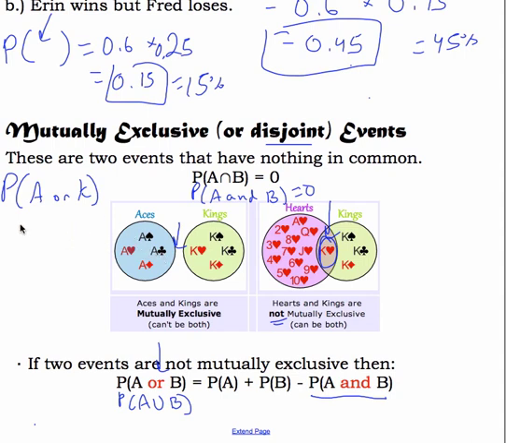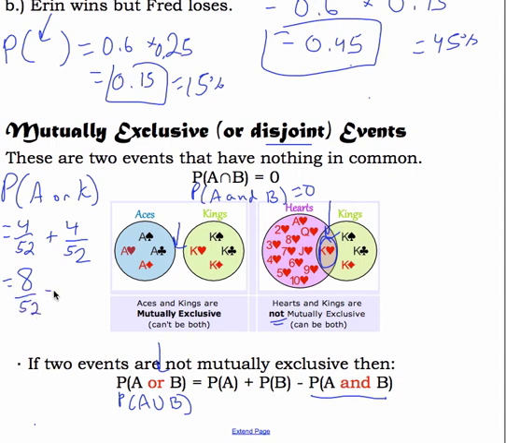Now there's 4 aces, so that's 4 out of 52. And there's 4 kings, so you add them. When we have OR probabilities, we add them. Now, is there any overlap? Is there a probability of A and B? No, not in this case. So we don't do the subtraction part. So that's it. It's just 8 out of 52.